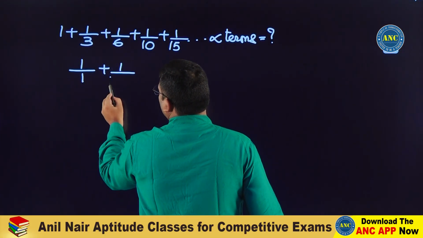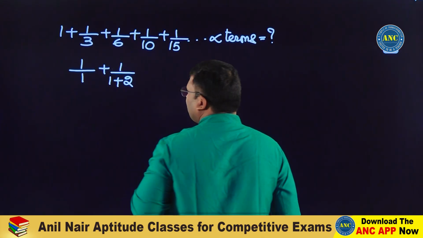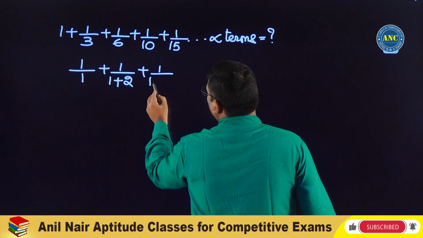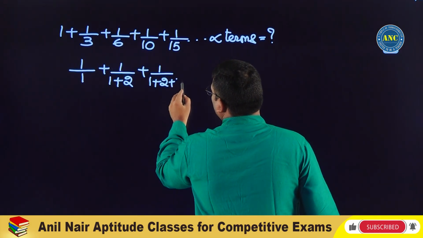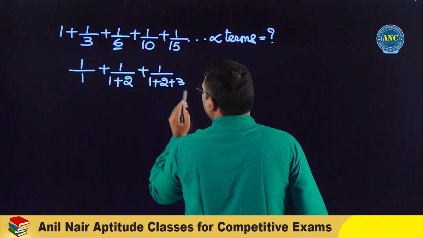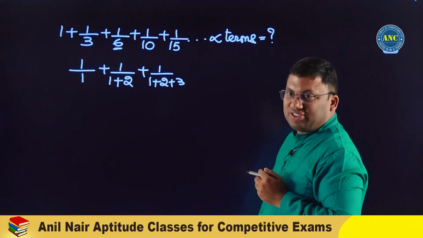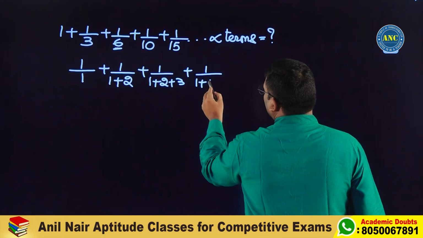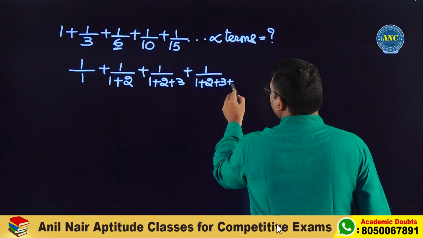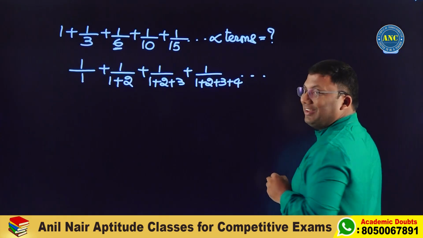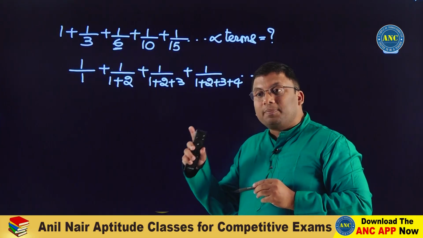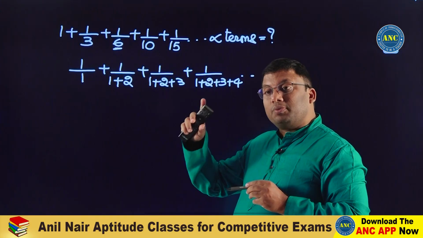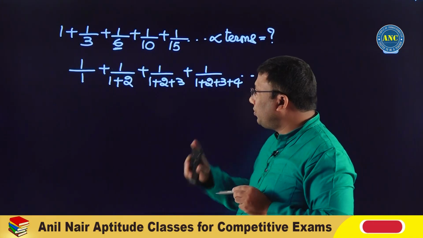The second is 3, which can be written as 1 plus 2. 6 can be written as 1 plus 2 plus 3. The third term's denominator is 1 plus 2 plus 3. The fourth term's denominator is 1 plus 2 plus 3 plus 4. The fifth term is 1 plus 2 plus 3 plus 4 plus 5. The infinite term is 1 plus 2 plus 3 plus 4 and so on up to infinite.